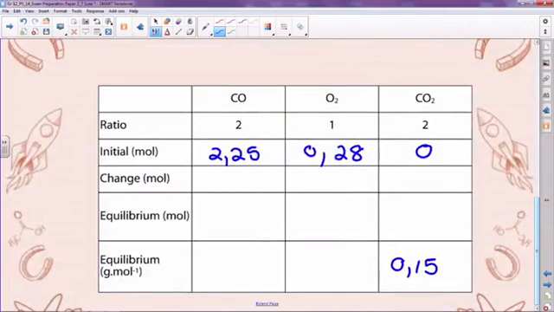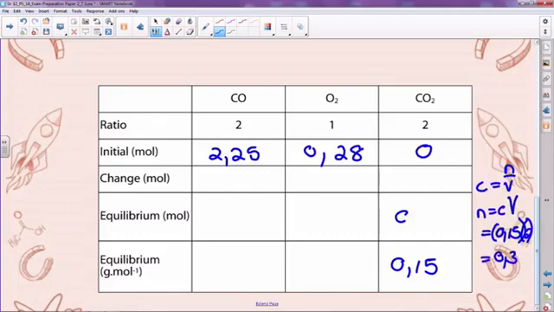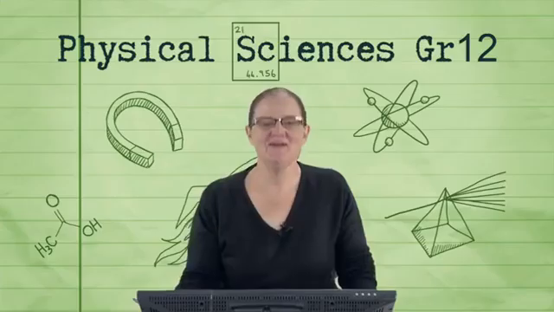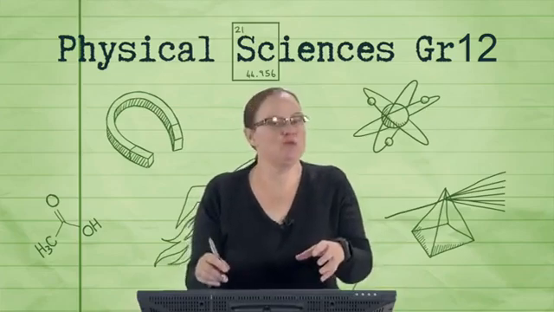Here again, they've been a little mean because we need equilibrium moles, but they told us that the container had a volume of 2 decimeters cubed. So remember, concentration is number of moles over volume. So number of moles is concentration times volume. So if I take the 0,15 times by 2, that gives me 0,3. That's how many moles of CO2 I've got. So now we've got the number of CO2.